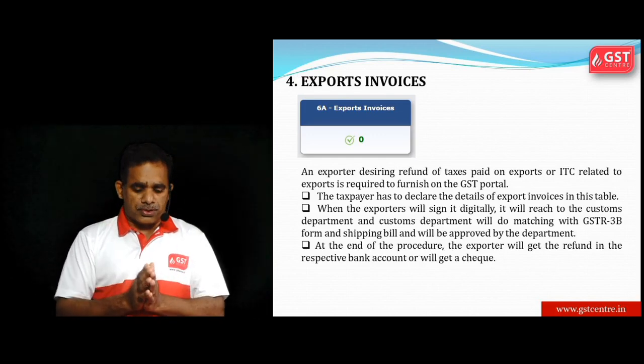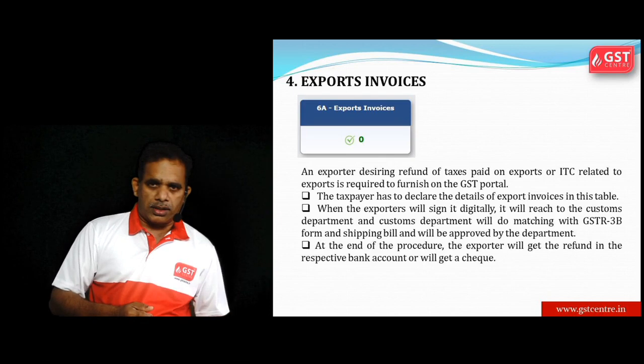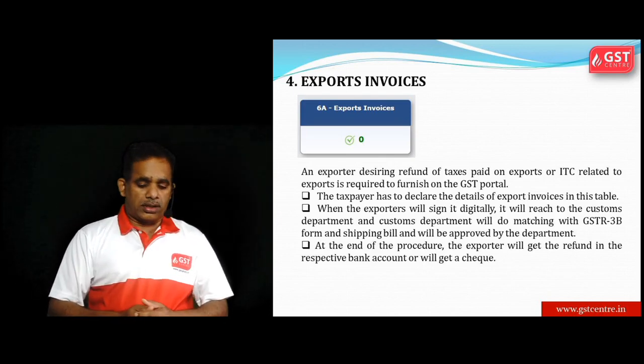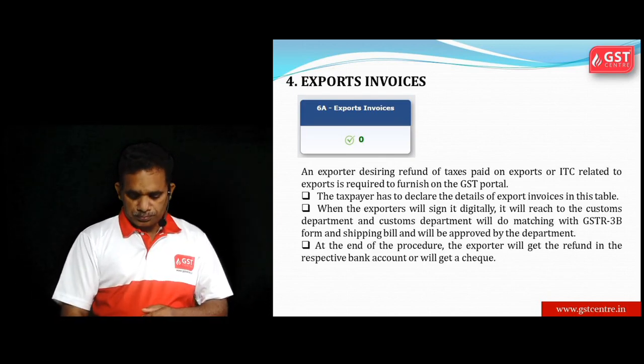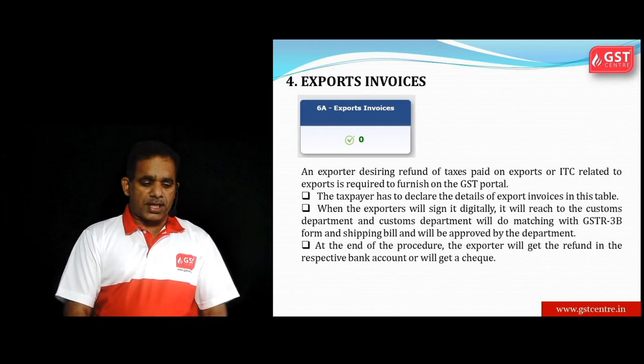And at the end of the procedure, the exporter will get a refund either to his bank account or directly get a check. So all details regarding export should be filled up in this section.